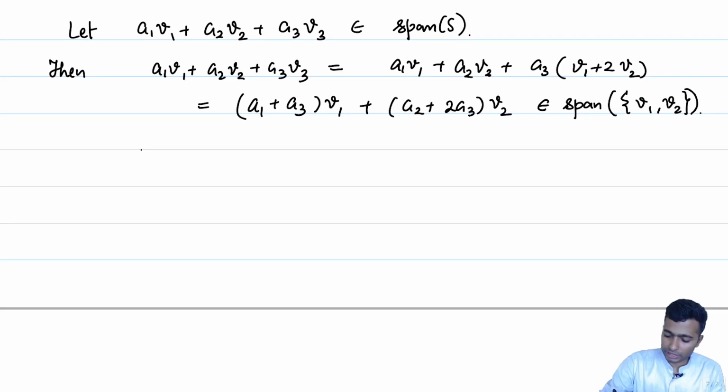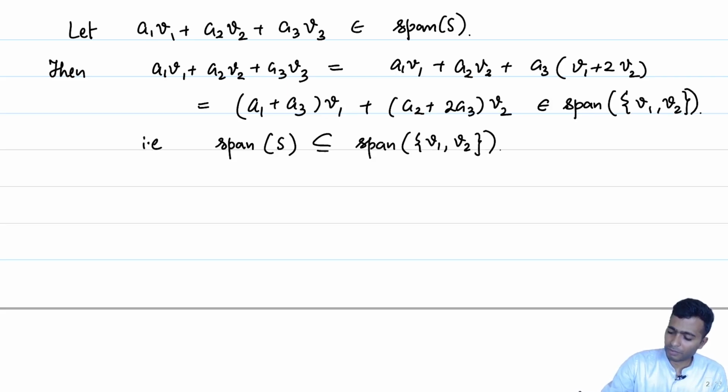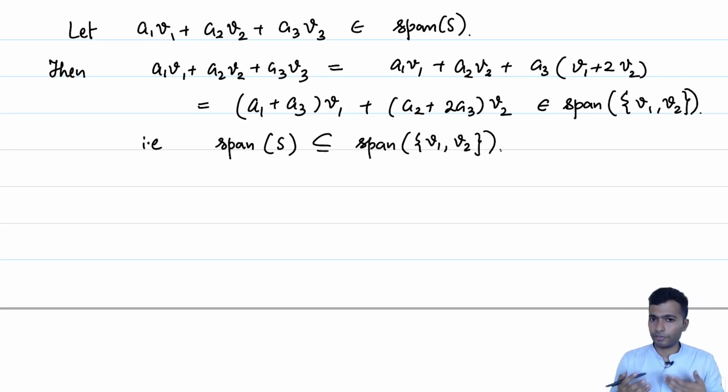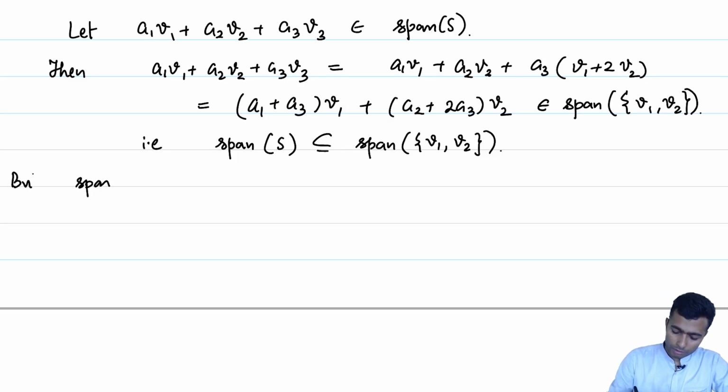So, effectively we have shown that span of S is contained in span of V1, V2. But any linear combination of V1, V2 in particular is a linear combination of V1, V2, V3 with the coefficient of V3 being 0. The point is that span of V1, V2 is always contained in span of S, because it is a bigger set.